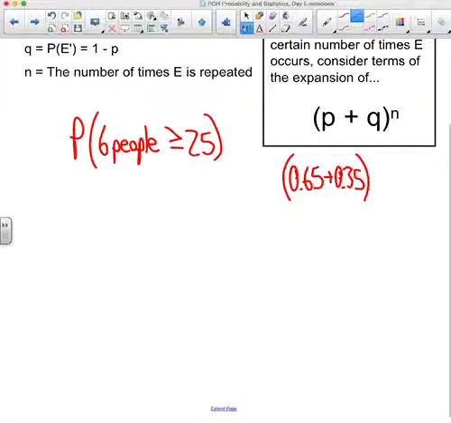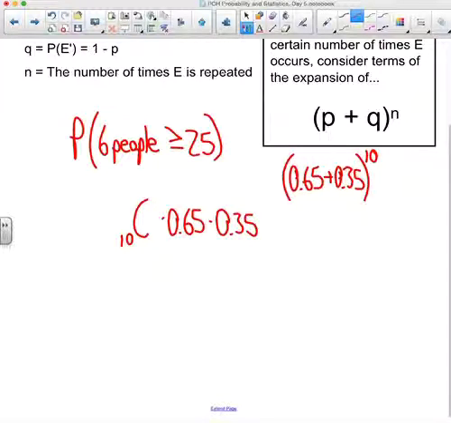We were picking out 10 people, right? So it's 10. So if we look at the expansion here, we know it's going to be 10 choose something times the 0.65 to some power times the 0.35 to some power.